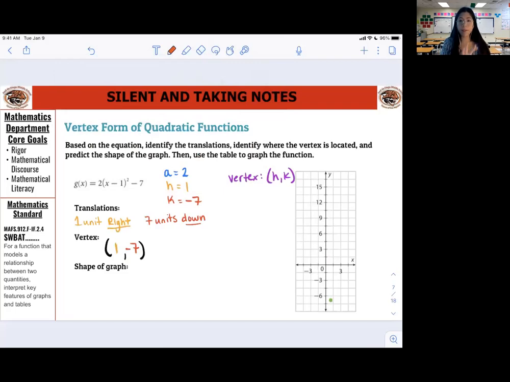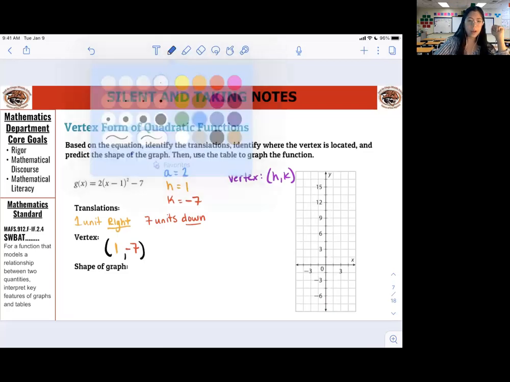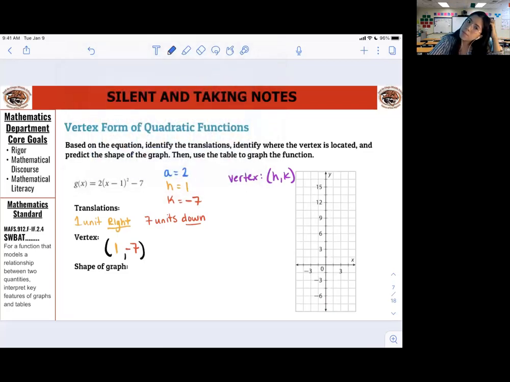So see how I don't have a graph, I don't have anything visual yet, but I can already determine all of those things just from the equation, just from all those numbers. So I have my new vertex. Now, based on the value of a, what do I have? A equals 2.